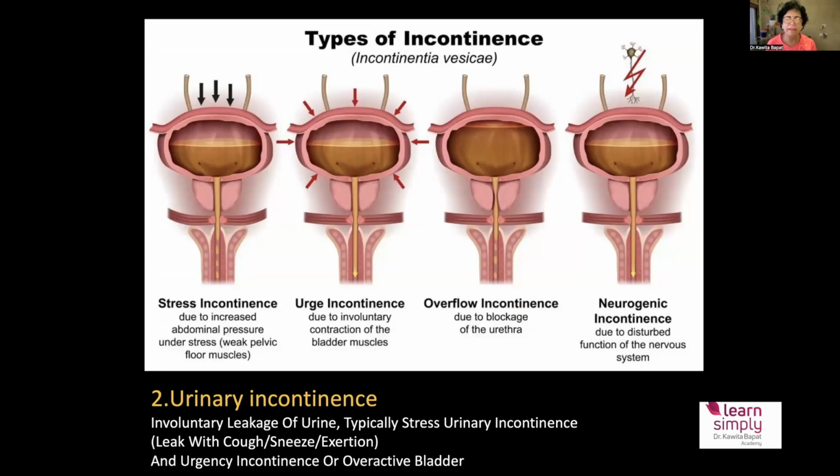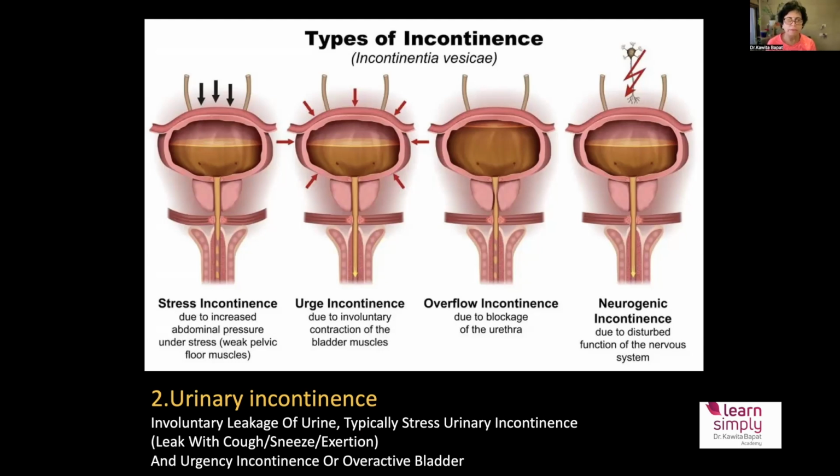It's an involuntary leak of urine, typically stress urinary incontinence, leak with cough, sneeze, and exertion, and urgency incontinence or overactive bladder. We can divide urinary incontinence into 4 types: stress incontinence, urge incontinence, overflow incontinence, and neurogenic incontinence.